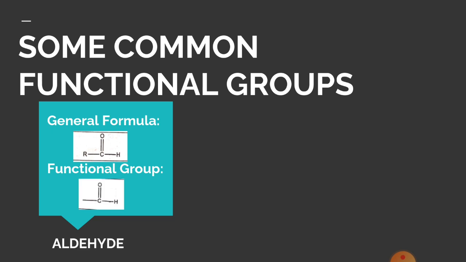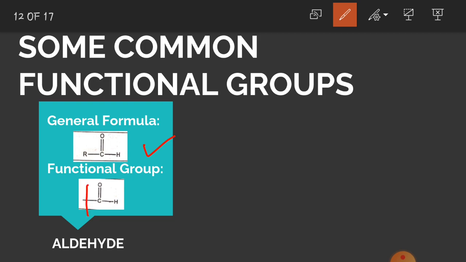Similarly, another class of compound called aldehyde has the general formula R-C double bond O-H. The functional group of aldehyde is represented like this. In all aldehydes, a carbonyl group, that is C double bond O, is attached to a hydrogen atom on one side, and the carbon atom of the carbonyl group is attached to an alkyl group on the other side.